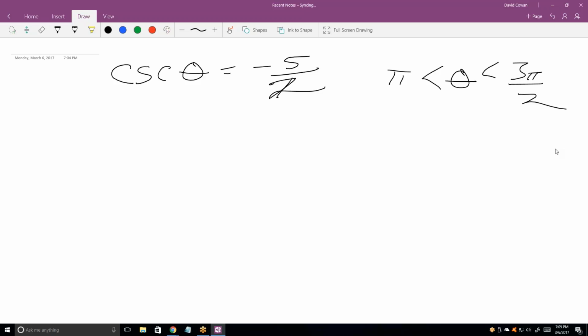Okay, with that, find sine of theta over 2. If the cosecant of theta is minus 5 over 2, what's the sine of theta? Negative 2/5.